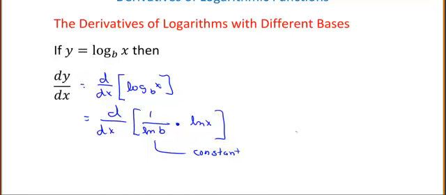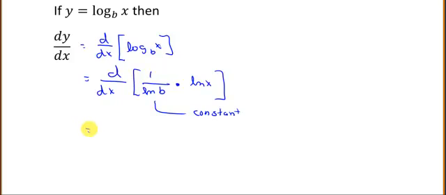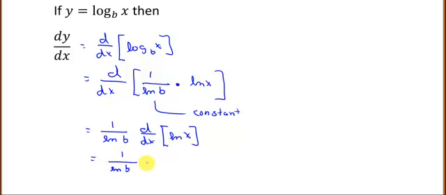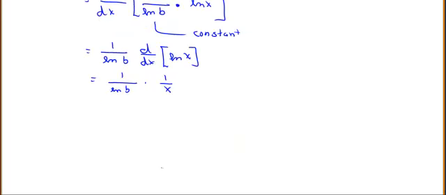So we could take this 1 over the natural log of b outside of the derivative, and we'd have 1 over the natural log of b times the derivative with respect to x of the natural log of x, and that's 1 over x. So we'd have 1 over the natural log of b times 1 over x, which is 1 over x times the natural log of b. And this would be the derivative formula for the log base b of x: 1 over x times the natural log of b.